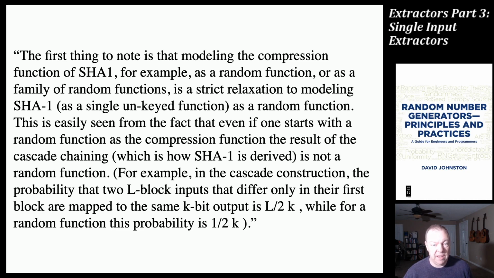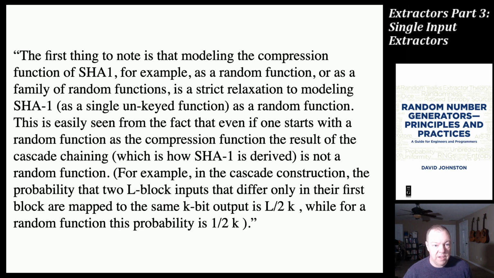So what they mean there is a function which, rather than just doing one thing, is randomized, and the randomizing element is the input key. But a hash function doesn't have an input key; it's a single input algorithm. It says, is a strict relaxation to modeling SHA-1 as a single unkeyed function, as a random function.